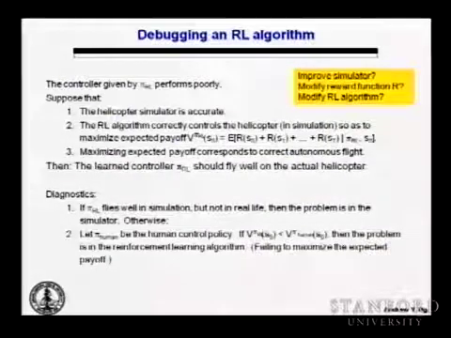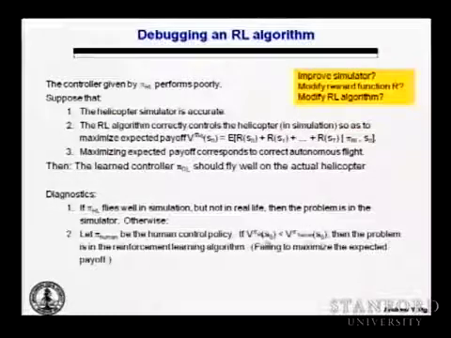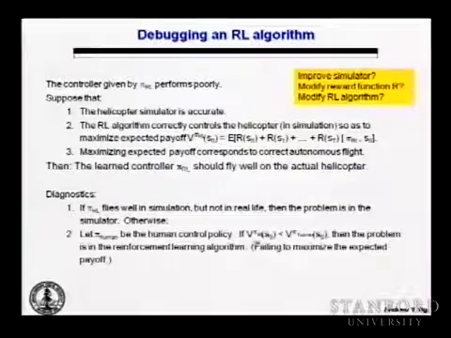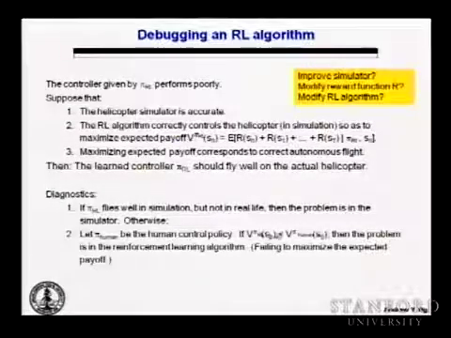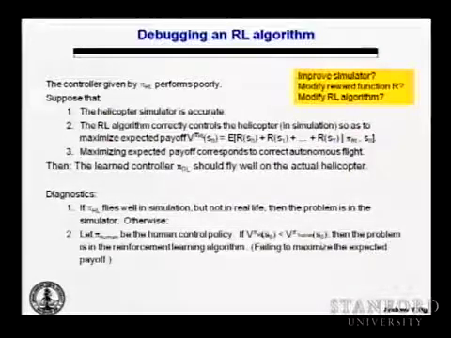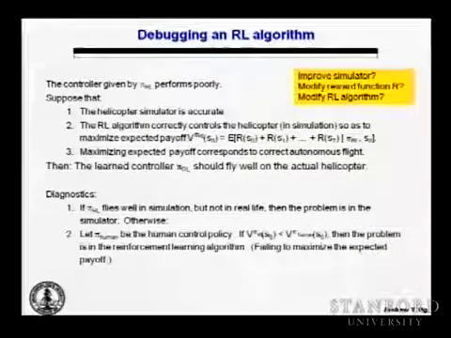And so if this condition holds true, where my mouse pointer is, that is, V pi subscript RL of S0 less than V pi subscript human of S0, then that suggests that the problem is in the reinforcement learning algorithm, because the human has found a policy that attains a higher reward than does your reinforcement learning algorithm.